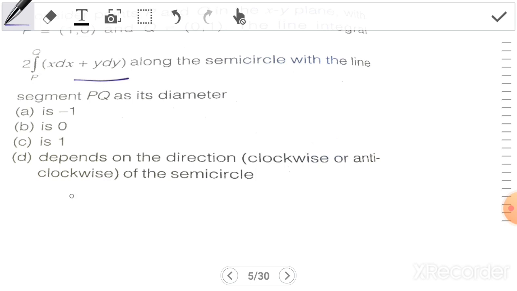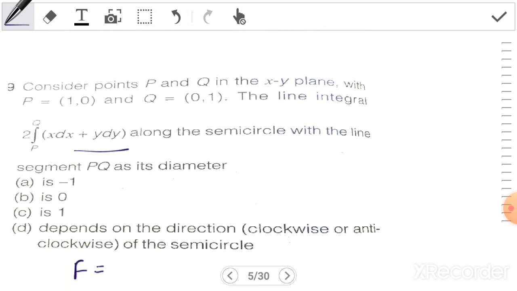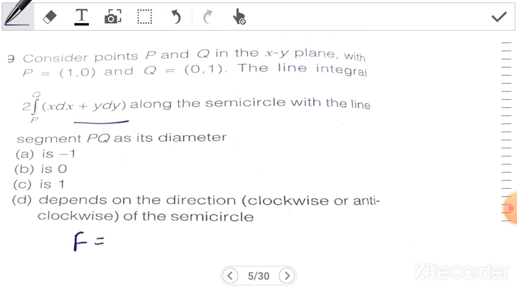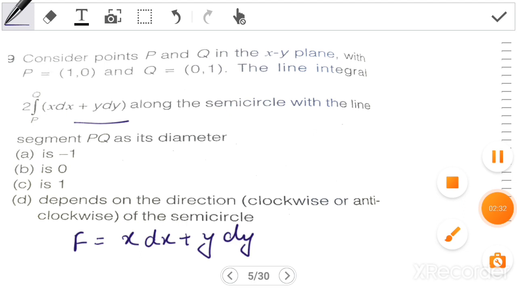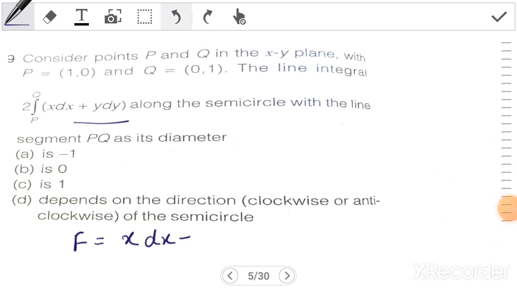So taking F, we have F given as x dx plus y dy, that is xi and yj.